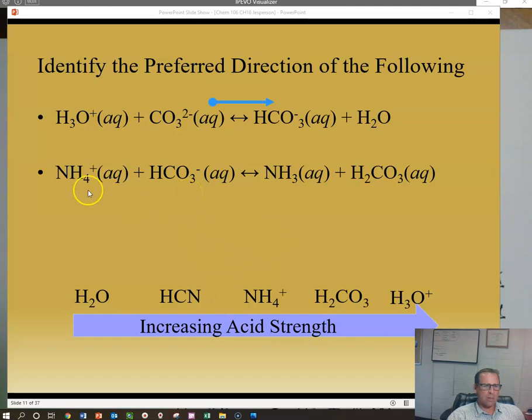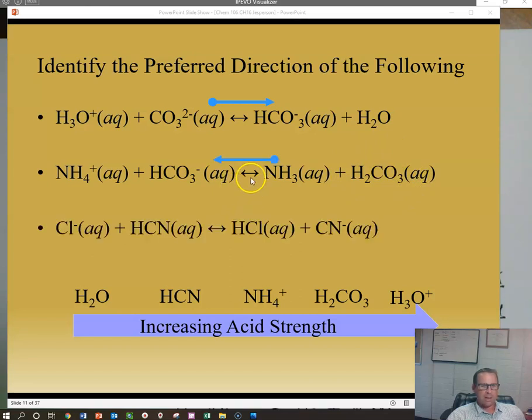Which side has the stronger acid? The left side or the right side? The left side, NH4 plus? Oh, wait, I meant right side. But yeah, that's right, it's the H2CO3. It's going to be heading to the left because the H2CO3 is on our list as a stronger acid than the NH4.